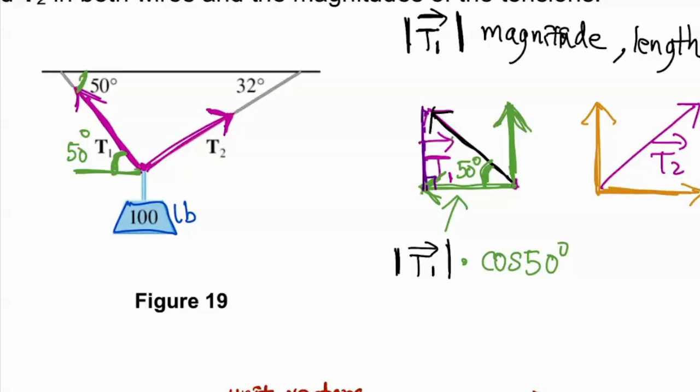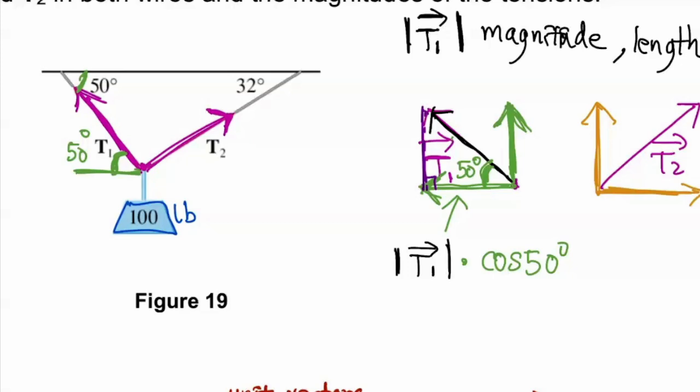By cosine of 50 degrees. Yeah, you got it. Because adjacent side over hypotenuse is cosine, right? So the length of the hypotenuse times cosine 50 degrees is this one. So that is the magnitude of this component.